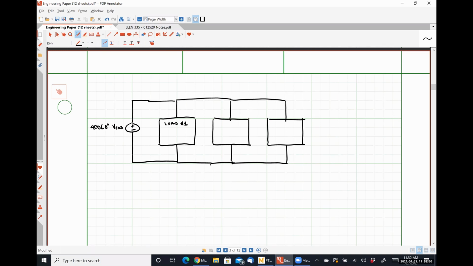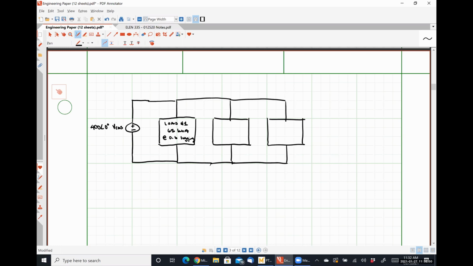And the motor nameplate tells us that it's going to draw 65 kVA at a power factor of 0.6 lagging.